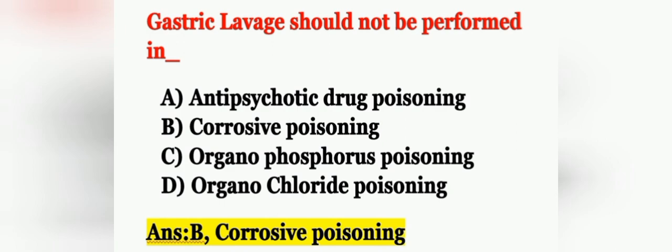Gastric lavage means removing or cleaning of the toxic substance from the stomach, and it should be performed within 1 hour of ingestion of the toxic substance. And this gastric lavage should not be performed if the person consumed corrosive alkali or acid or kerosene. So here option B, corrosive poison.